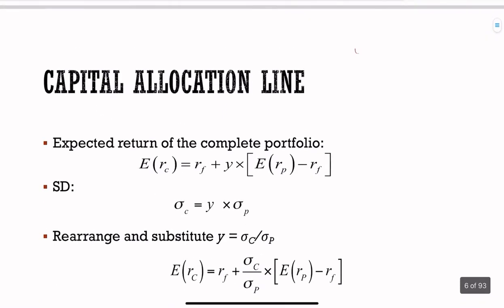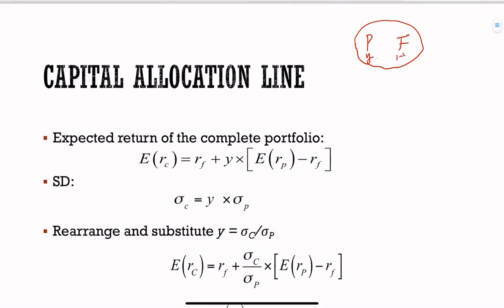Well, let's see how you can calculate this. We have portfolio P and we have risk-free asset F. And then we invest Y into P and we invest 1 minus Y into F. This will give us a combined portfolio C. So the return of portfolio C equals the portfolio weight of P times P's return plus the portfolio weight on F times the risk-free rate.